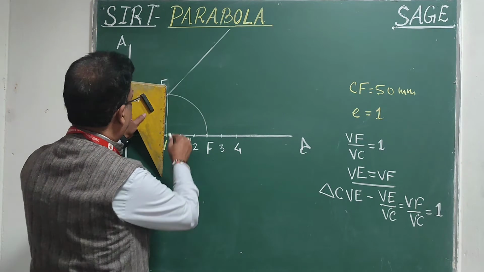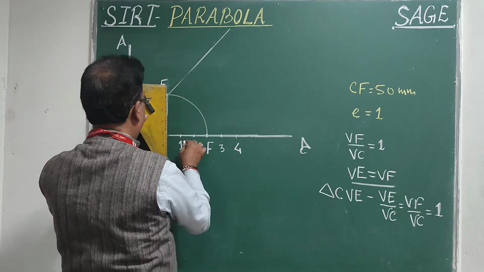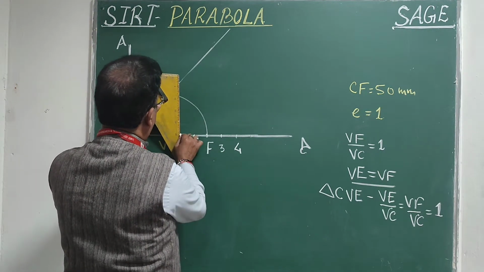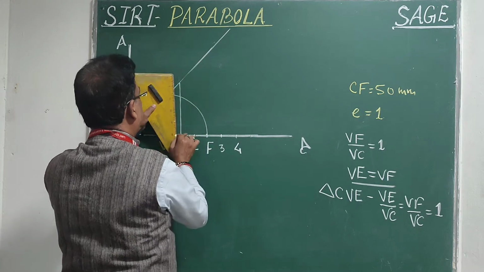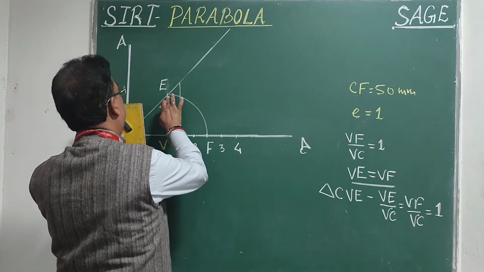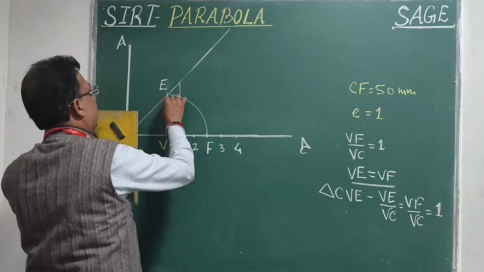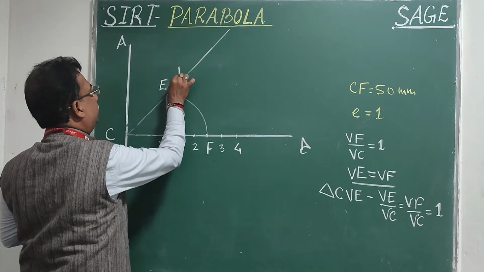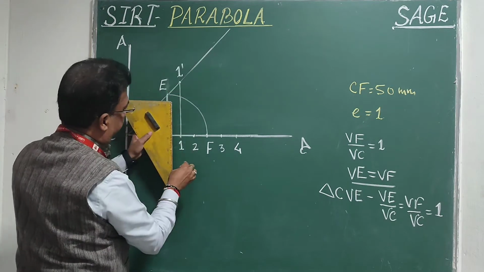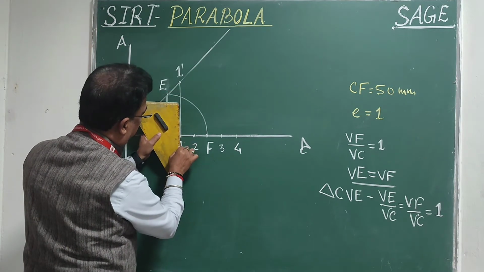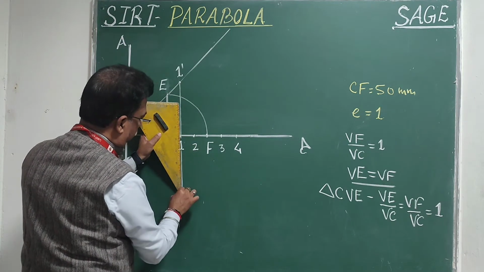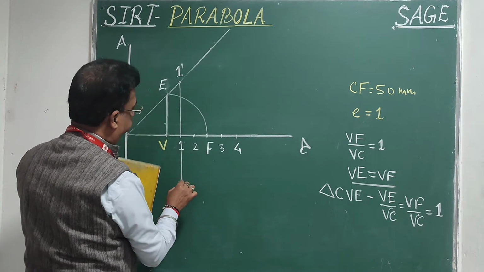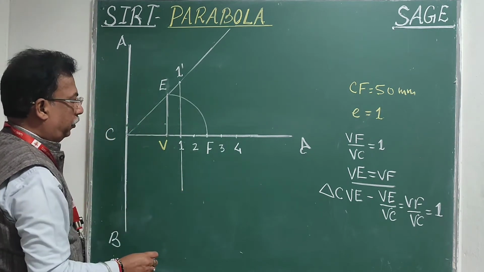Now on this line 1, I am going to draw a line perpendicular to the baseline up to the inclined line, and I will name this point maybe 1 dash, and in the same way this line will go downside also from 1.